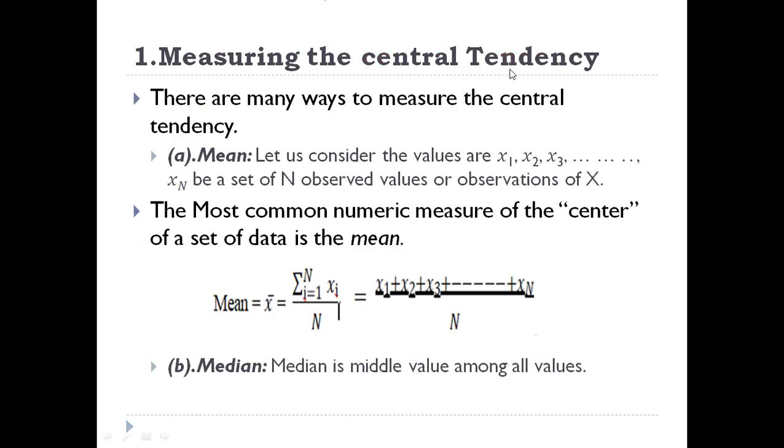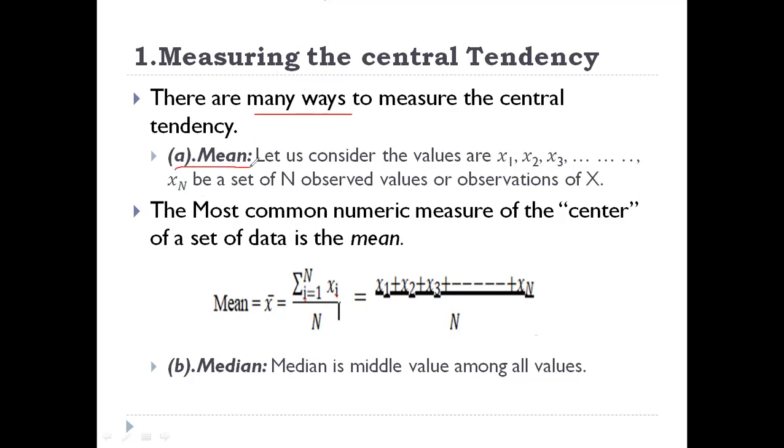First, measuring the central tendency. We can measure the central tendency in many ways. The central tendency is calculated based on different measures. What are those? The first one is the mean.